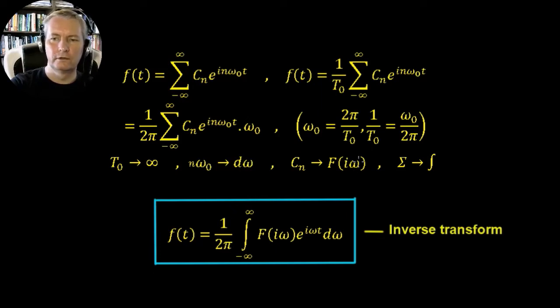And we know that the values of Cn will tend towards a continuous function F of i omega, and we can see that our summation then will tend towards an integral, and also the limits again can be extended to minus infinity to plus infinity. So now if we incorporate all of this into this equation here, we're going to end up with f of t equals 1 upon 2 pi times the integral from minus infinity to infinity of F of i omega e to the i omega t d omega. And this is our inverse transform.